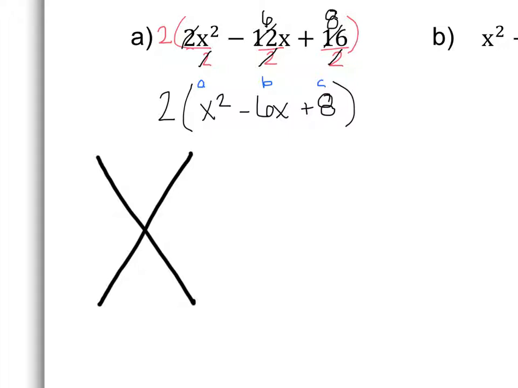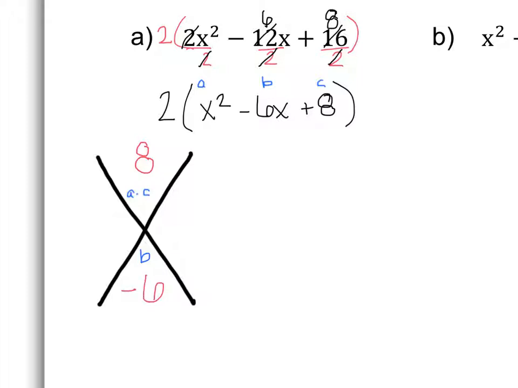So we're supposed to have A times C right here. So what is that for us? We've got a 1 in front of the x squared times 8. So that is just 8. All right, and then we need B in the bottom. So that's a negative 6.